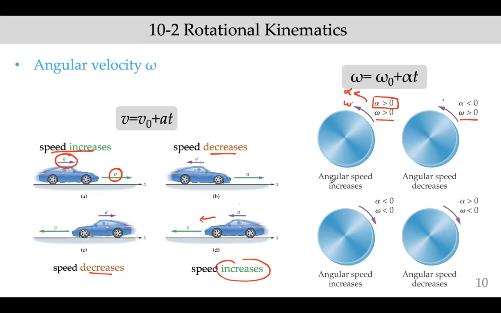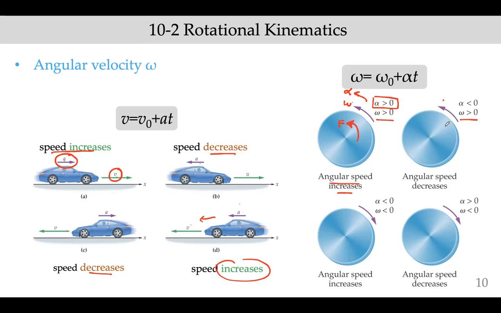So in this case, the angular speed is increasing. Remember, if there is acceleration, that means there is a force. In the next chapter, we will learn about torque, which is rotational force. So if there is acceleration in this way, that means there is a rotational force, which we will call torque in the next chapter. So there is a force, and because the angular velocity is also in the same direction, the speed will increase.